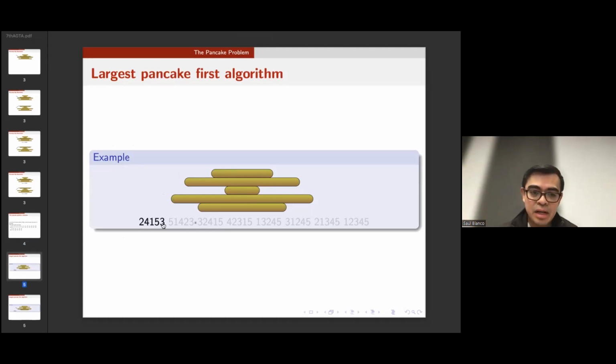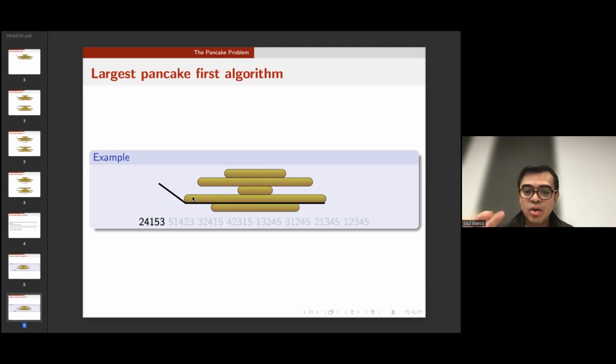For example, let's apply this largest pancake first algorithm to this stack here. This one is 2, 4, 1, 5, 3. So the largest pancake that is out of order is this 5 right here. The first thing we'll do is flip, we will try to flip it over there.